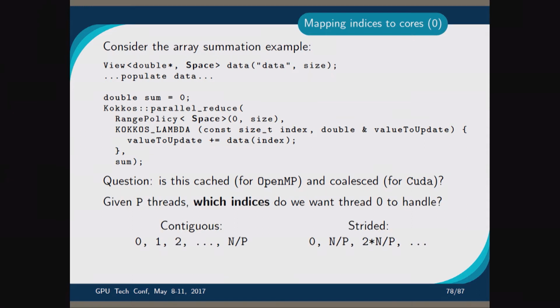So we want different spatial and temporal mappings depending on what architecture you're sitting on. For the given P threads, we want a CPU thread to do this, and we want a GPU thread to do that.